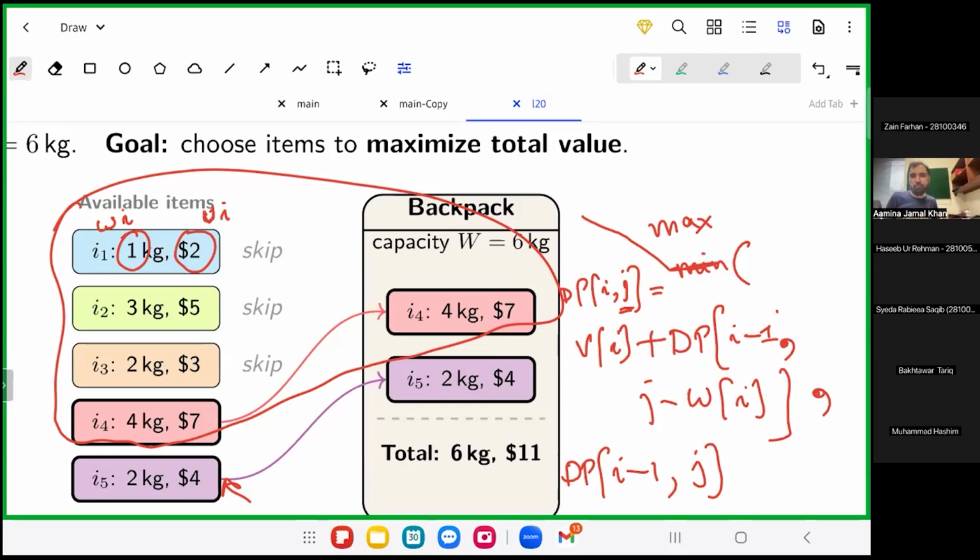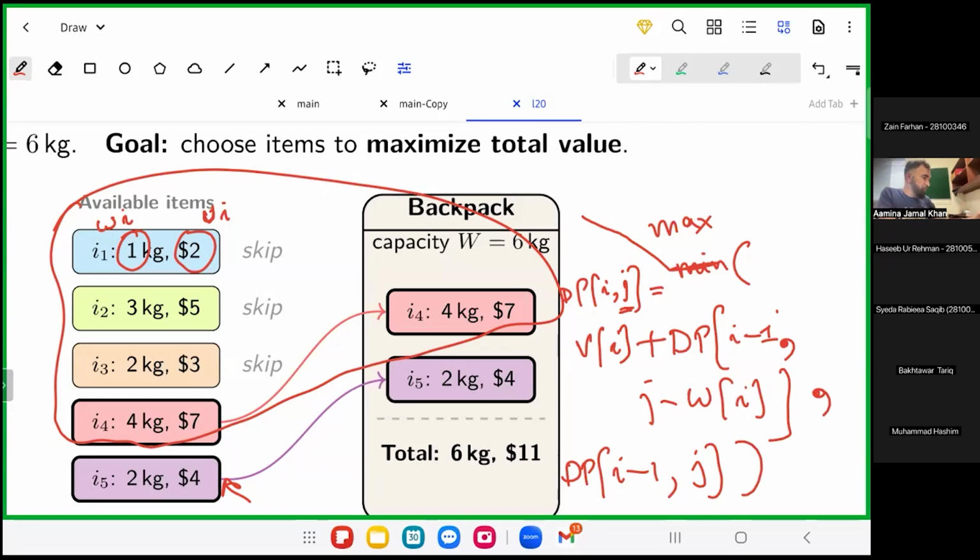Once you decide not to pick it, I gets removed from your list of admissible items. All right. Okay. Cool. I think this makes sense. Hopefully to everyone.